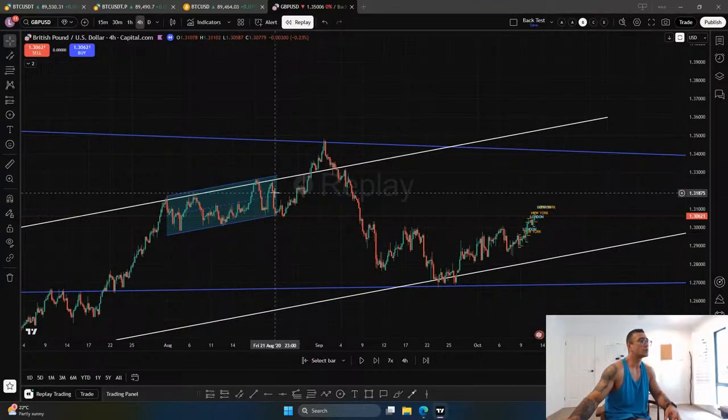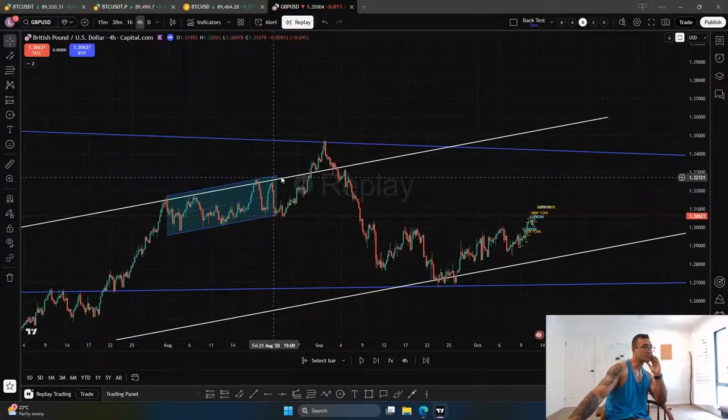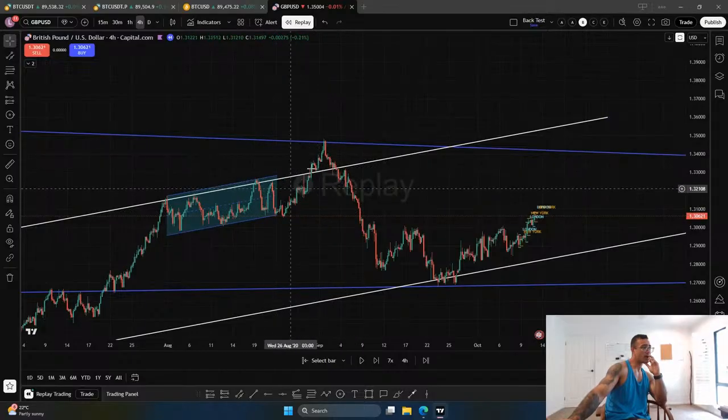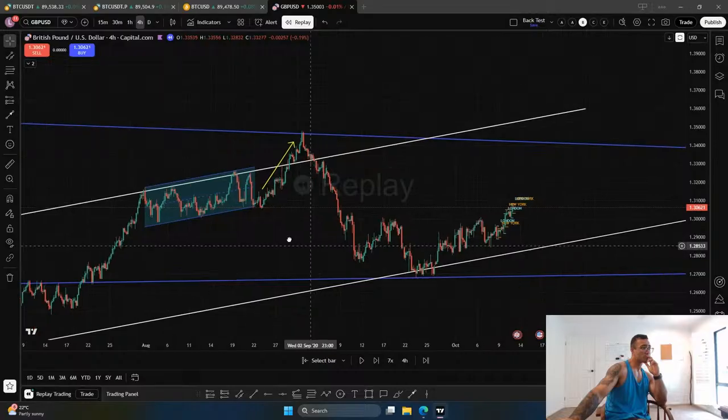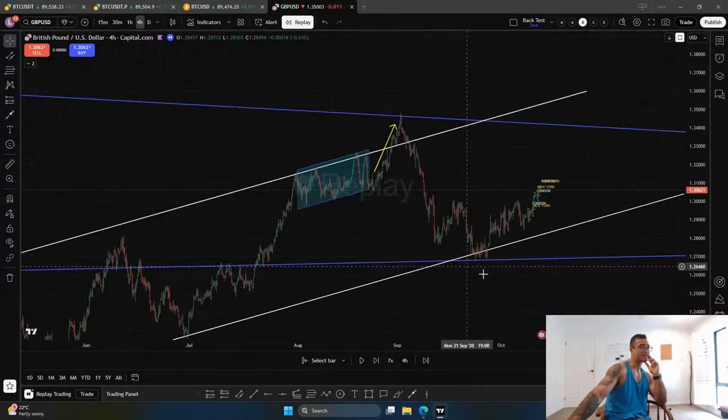Okay, so there's a bit of an accumulation phase here. You've had a double top or a couple of equal highs. But we had one more run before that movement down.